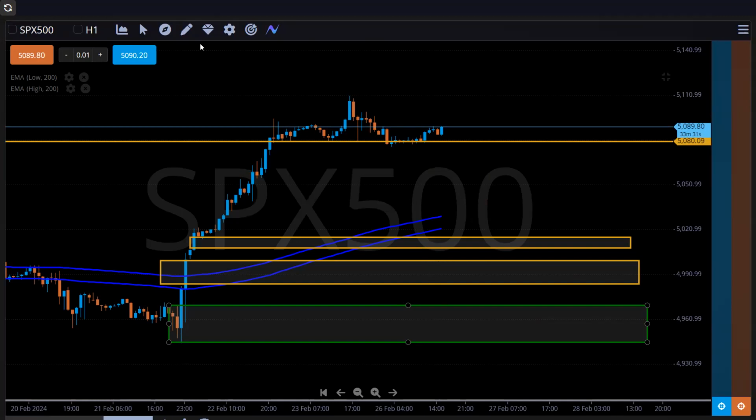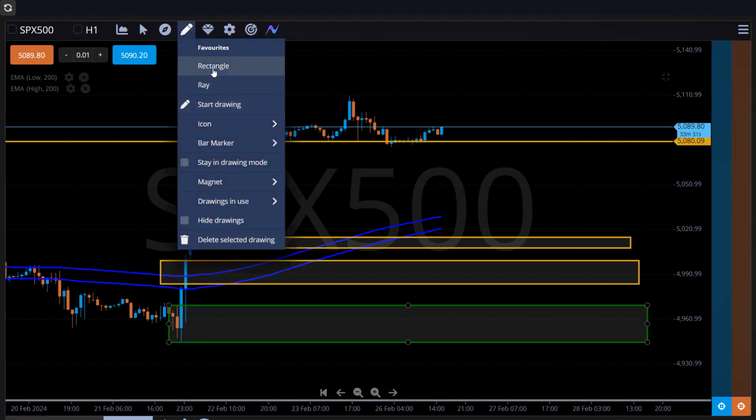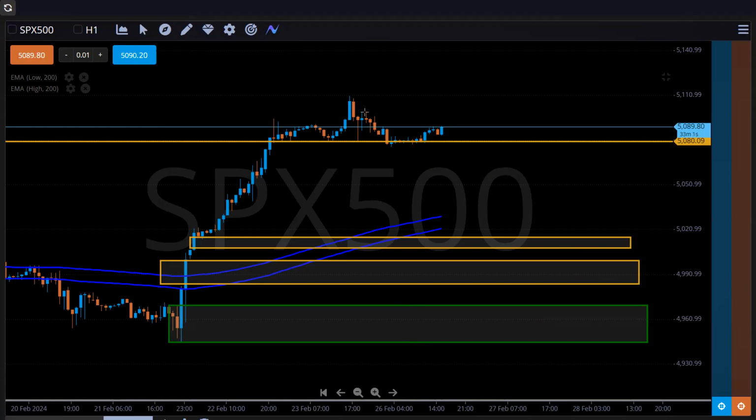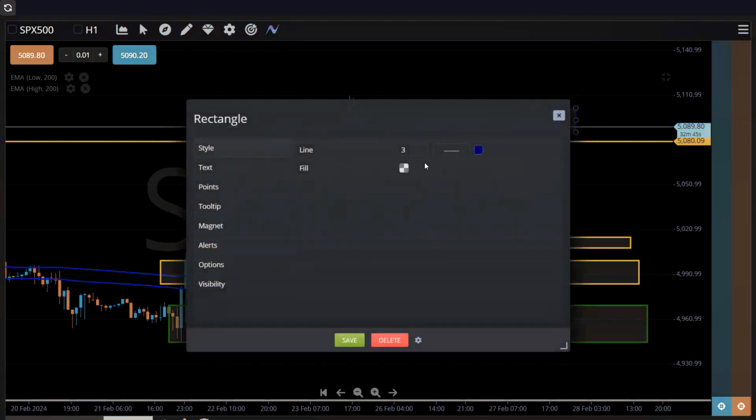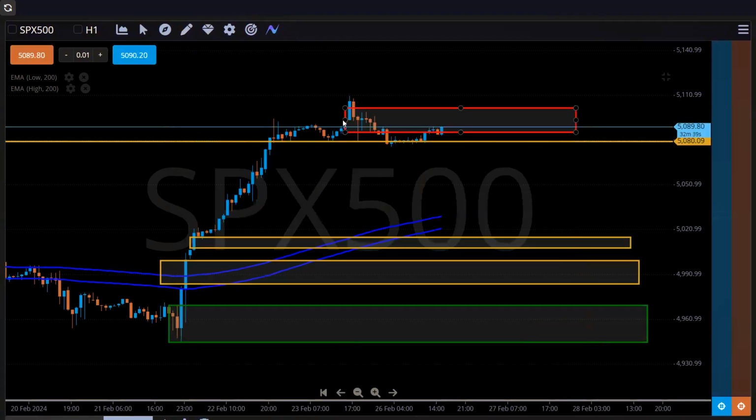So here, this little small piece, go rectangle, take this whole blue candle. And of course, I'm gonna mark this one red. I know that I am in a supply zone, meaning I know I'm looking for sales.